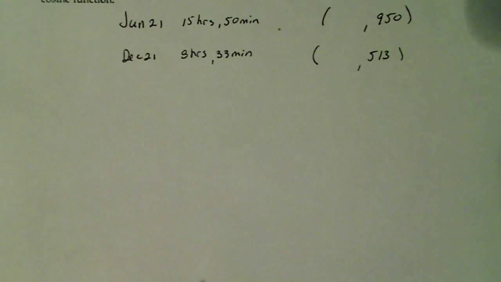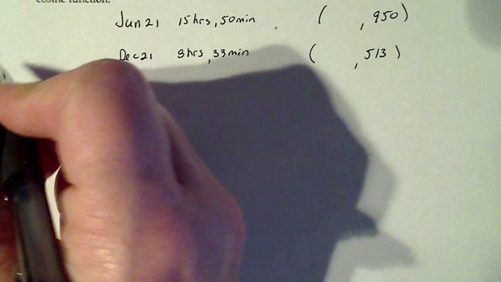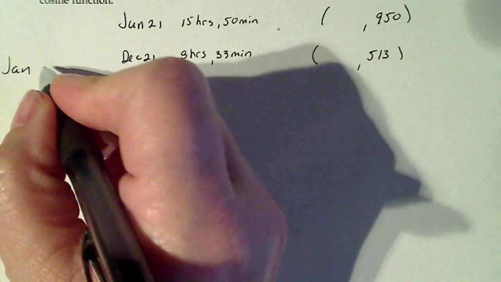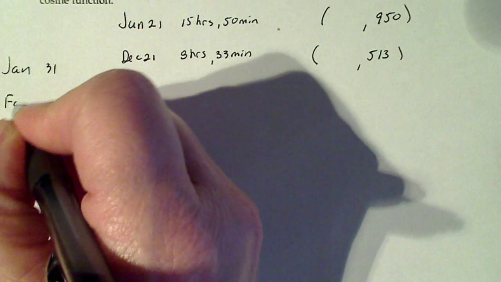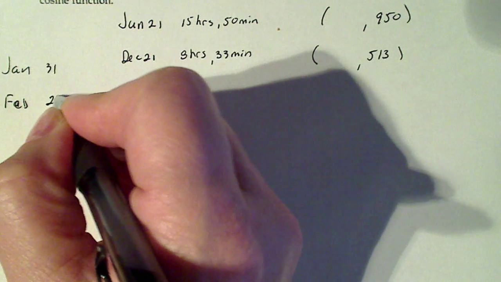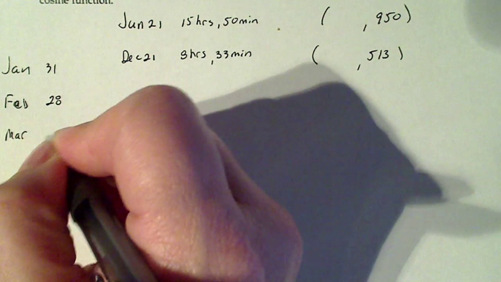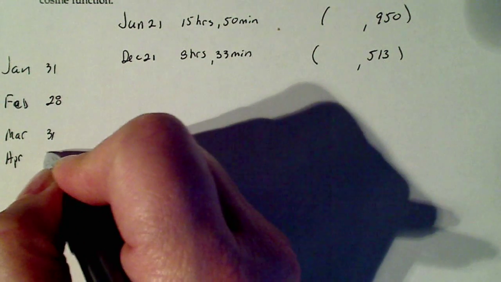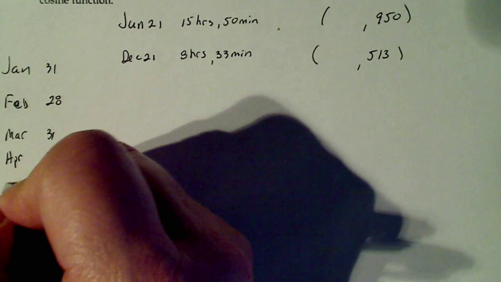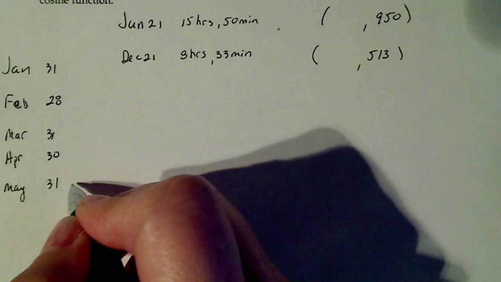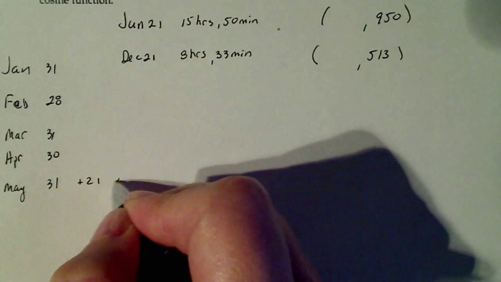So what I'm going to do is say, in January, we have 31 days. February, we have 28 days. March, 31. April, 30. And May is 31. And then plus the 21 for June 21st.